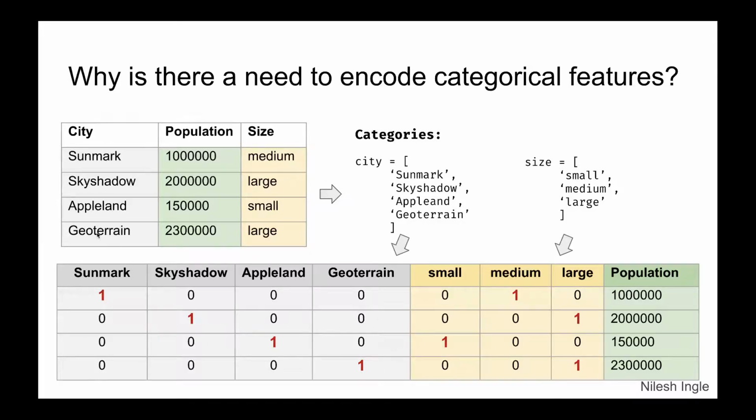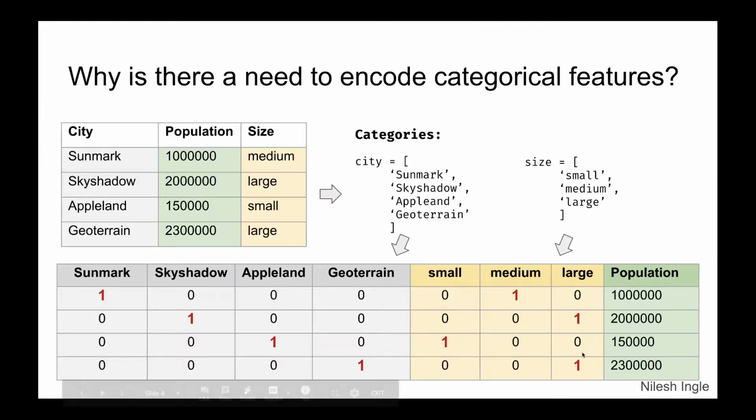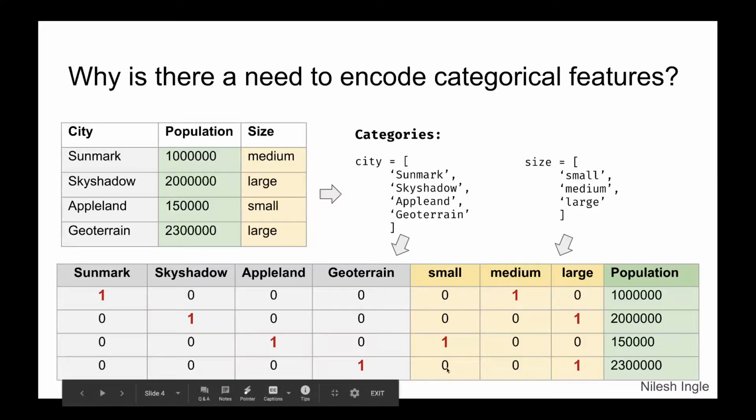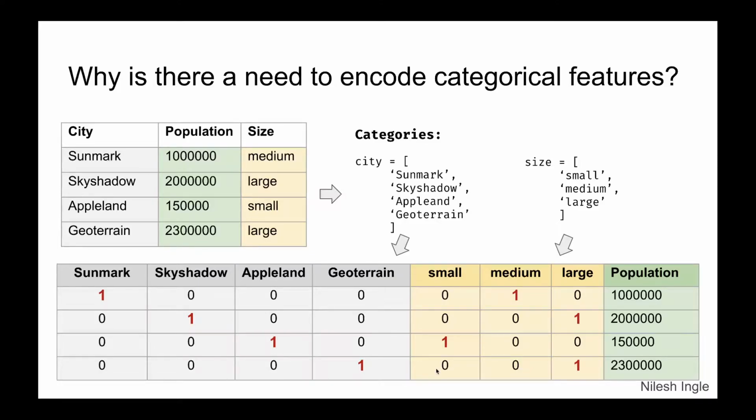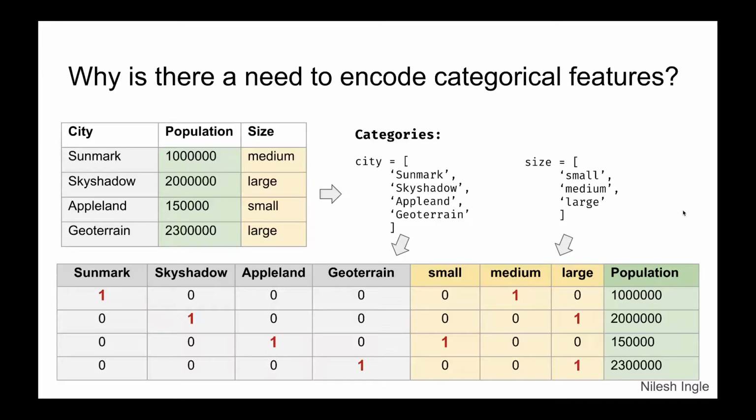Similarly, if we look at the last row, we have geoterrain. So we put 1 for geoterrain, and then we put zeros for all other cities. And the size is large, so we put 1 for large, and then we put 0 for all other values, small and medium. So this is one way to encode the categorical features, so that it's now all numeric.